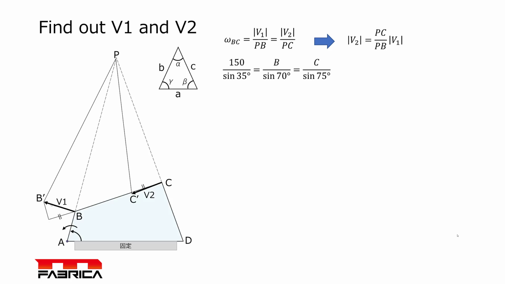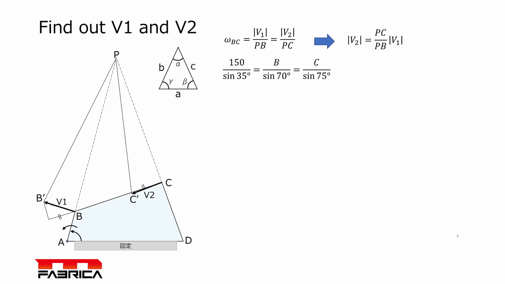the length of A over sine alpha equals length of B over sine beta equals length of C over sine gamma. And alpha is 35 degrees, beta is 70 degrees, and gamma is 75 degrees.